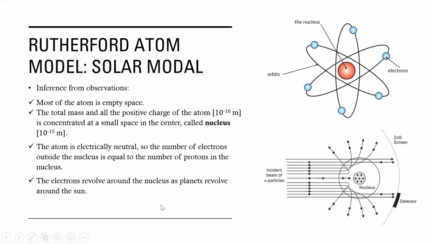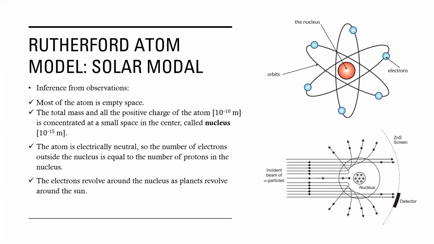Is this clear to you? How, from the experimental observations, he proposed a solar model for the atom. Is that clear? Can I move on? Yes, teacher. Okay. So this is Rutherford's model of an atom.